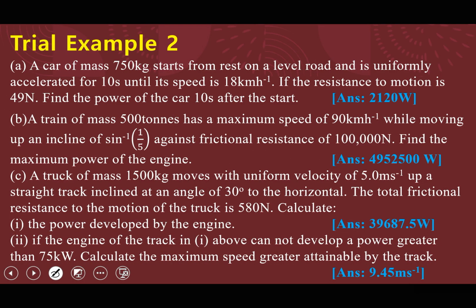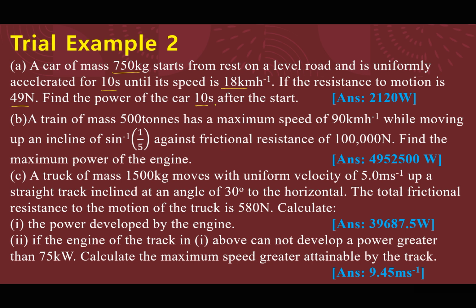Try example 2. A car of mass 750 kilograms starts from rest on a level road and is uniformly accelerated for 10 seconds until its speed is 18 kilometers per hour. If the resistance to motion is 49 newtons, find the power of the car 10 seconds after the start.